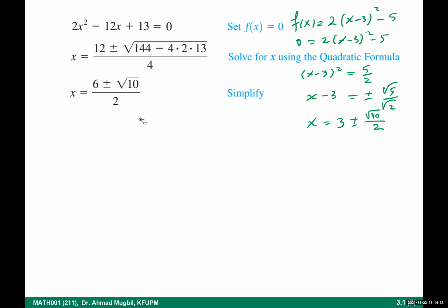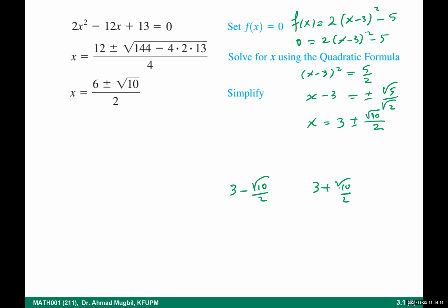Now, I think he asks about the x-intercepts. What are the x-intercepts now? You have two x-intercepts. 3 plus square root of 10 over 2, and 3 minus square root of 10 over 2. Both of them are what? Positive, right? Irrational number and positive.